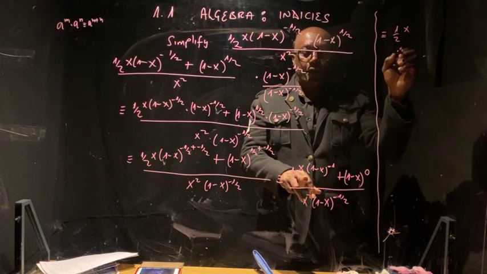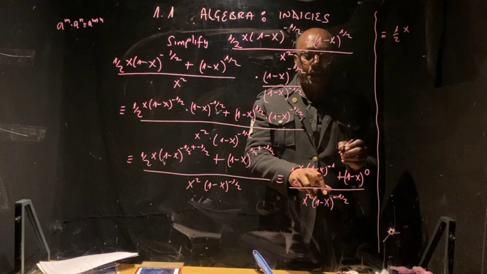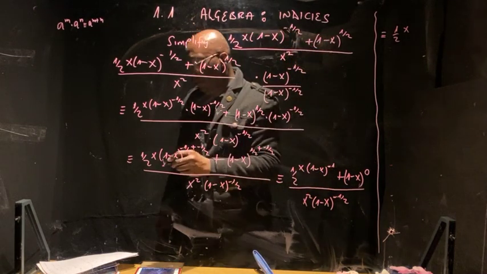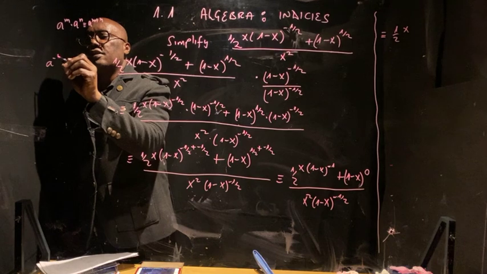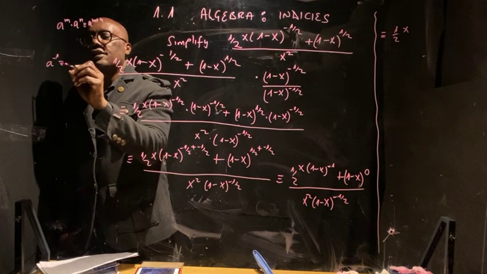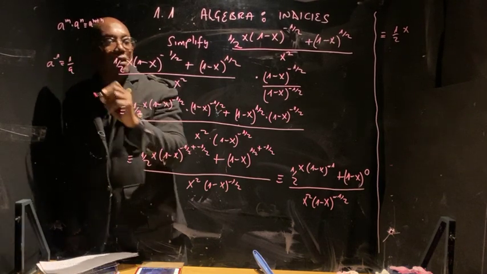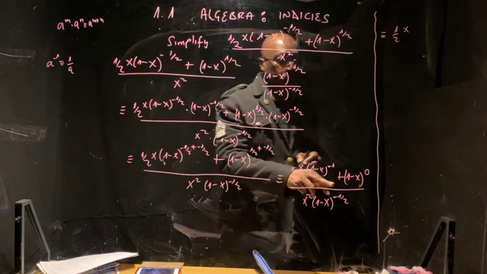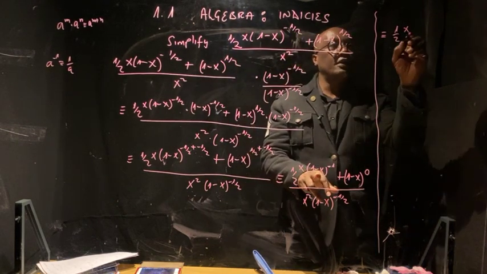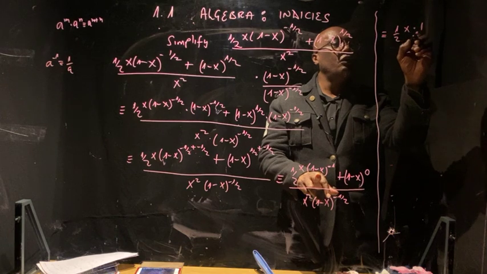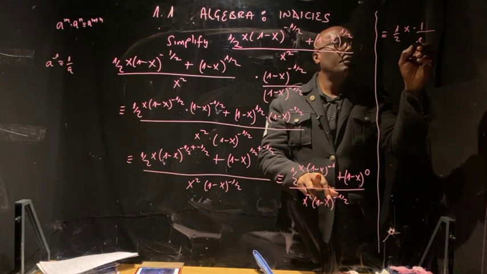times x. But remember, if you have a fraction like, let's say, a raised to the power negative 1, it is the same as 1 over a. So 1 minus x raised to the power negative 1 is the same as 1 over 1 minus x.